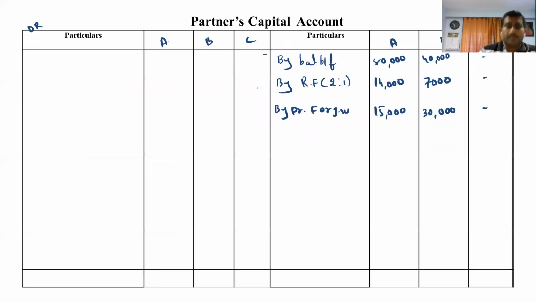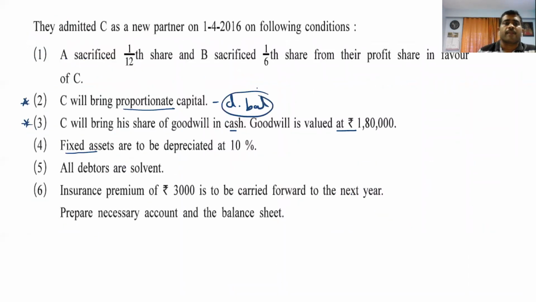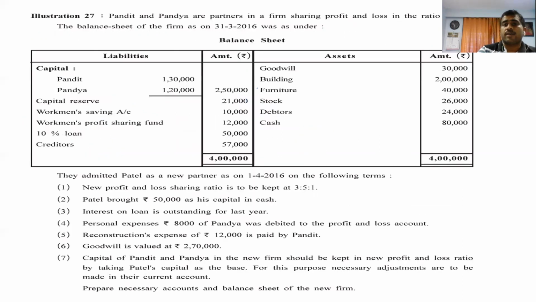Yes. So now the next adjustment, all debtors are solvent. I think we have done that. Insurance premium of 3,000 is to be carried forward to the next year. To be carried to the next year. So this is a gain for us.